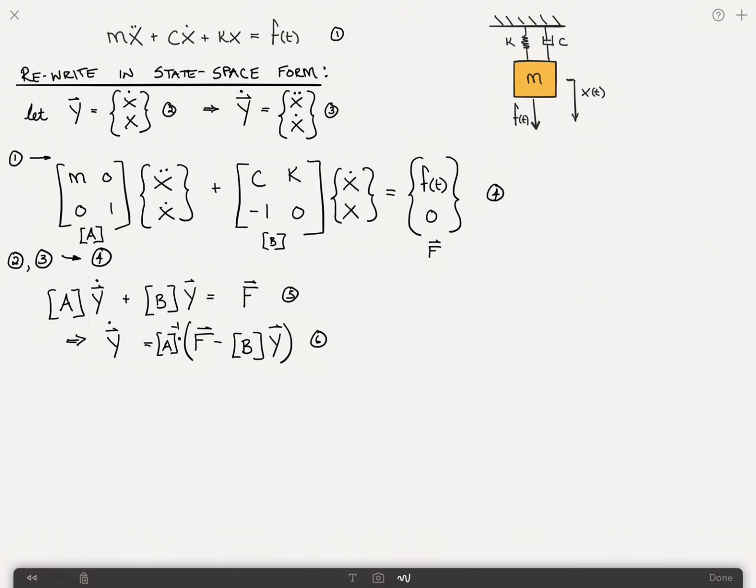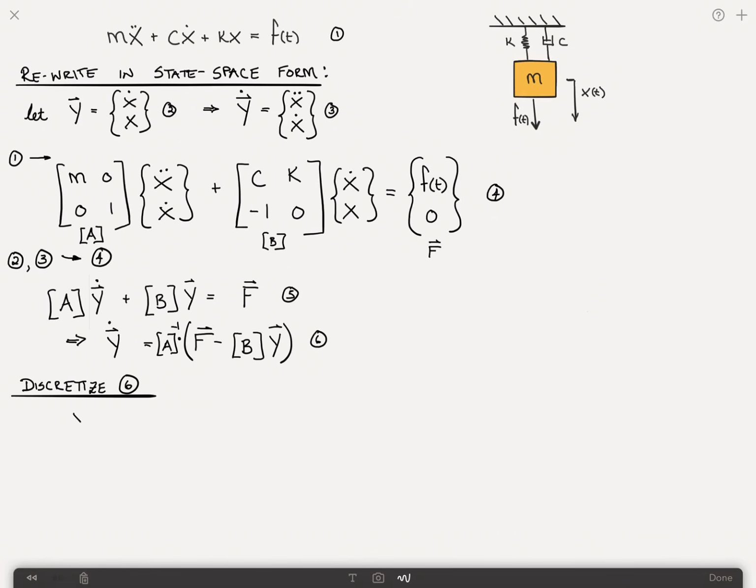And we can discretize this, and we can use a computer to do a time-stepping solution as follows. So we want to discretize 6. We do that by taking this y dot and writing it in discrete form as delta y, the difference in y, divided by delta t, the difference in time.